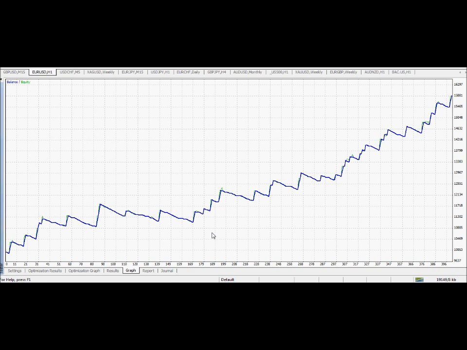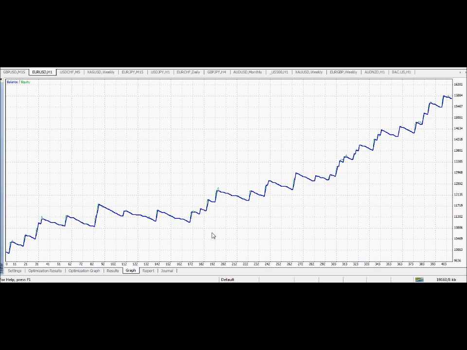So let's leave this running until the end of this fixed lot test. We'll have a look at what it's done, we'll have a look at the profile, and then we'll come back and rerun it, risking 1% of your account on each trade.